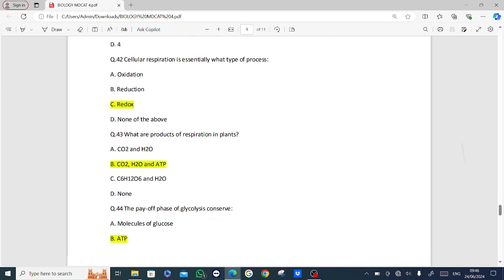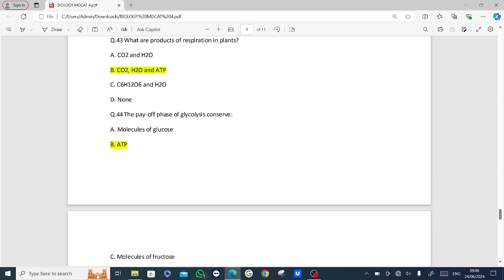Next MCQ is: what are products of respiration in plants? Options are CO2 and H2O, CO2, H2O and ATP, C6H12O6 and H2O, none of these.